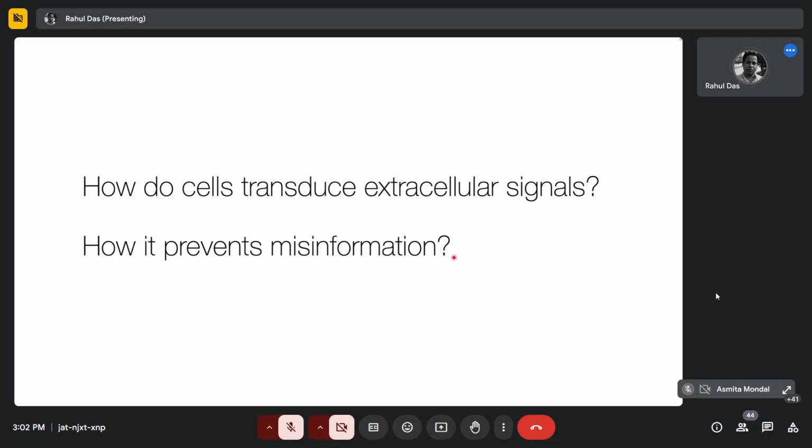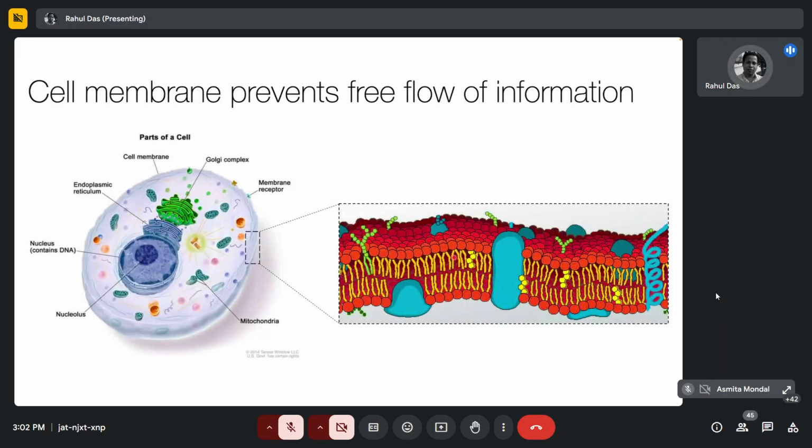I guess most of your students and audience know what this is. This is a cell, and for people from chemistry, someone told me that if you want to do biology from chemistry, all you need to know is that there's a nucleus inside the cell. So there's this nucleus inside the cell, and the rest of the cell is confined by a membrane structure. This membrane prevents transfer of any material because of its permeability.